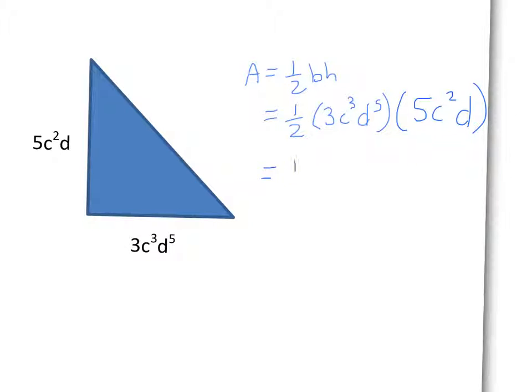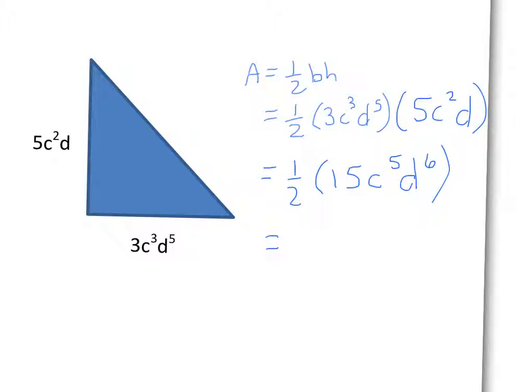So I'm going to have 1/2. 3 times 5 is 15. c to the 5th and d to the 6th. Okay? Now I'm going to put this together. So 1/2 of 15. Okay, you can represent it a couple of different ways.